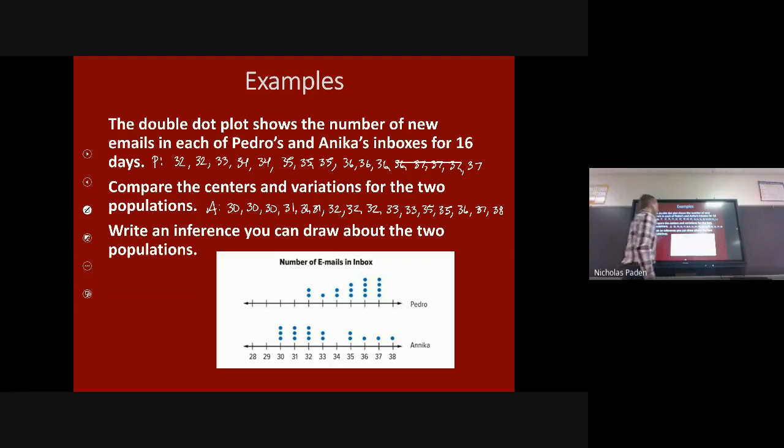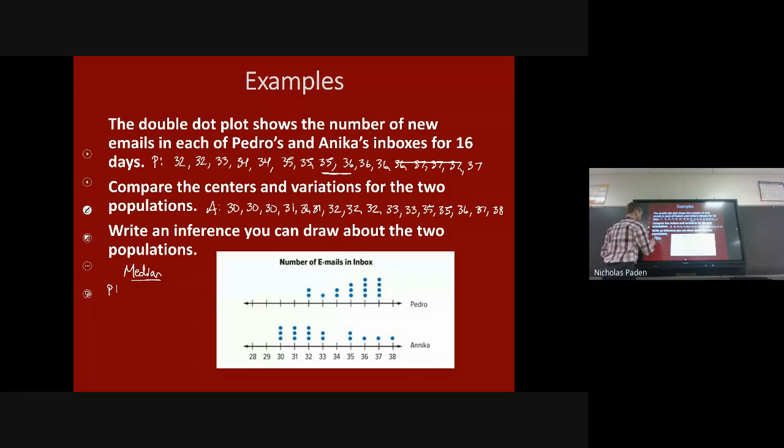Okay, so I'm going to find the median. I'm not going to cross off because I need to save these in a second to find the IQR, but I do know there's 16 of them, so I'm going to have these two as the middle numbers, which means Pedro's center is going to be 35 plus 36 divided by 2.